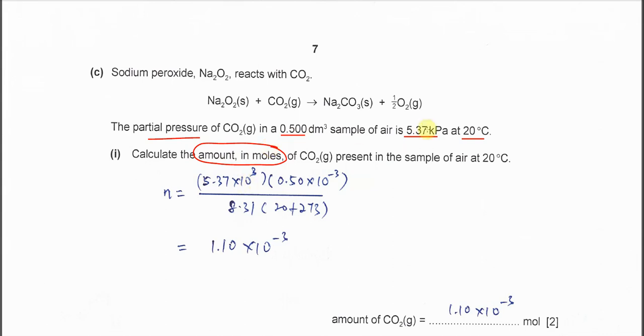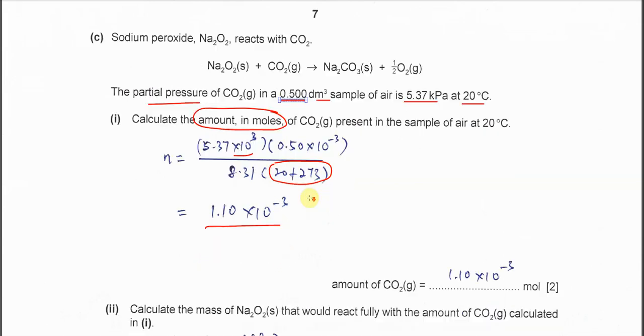Pressure is in Pascal, so times 1000 here. The volume must be in meter cube, dm cube to meter cube must times 10 power negative 3, over the gas constant 8.31. Make sure the temperature is in Kelvin, so it's 273 plus 20. So you get the mole of CO2.